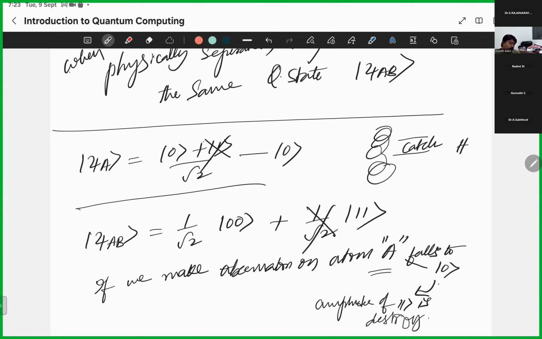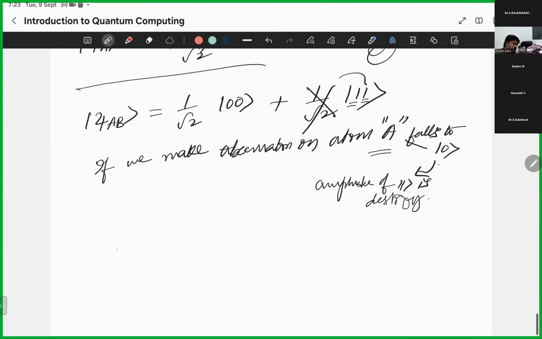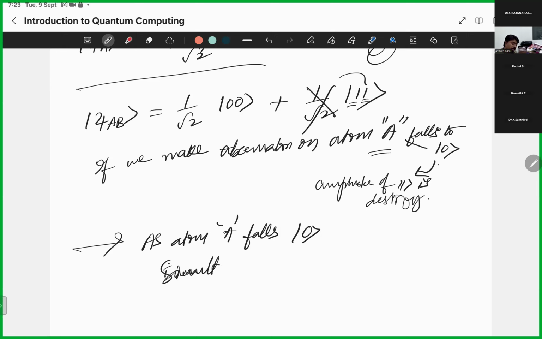And remember, that is not only multiplied to just the first atom, it is also multiplied to the second atom. So as atom A falls to the 0 state, simultaneously atom B also falls to 0. This is due to measurement on system A.